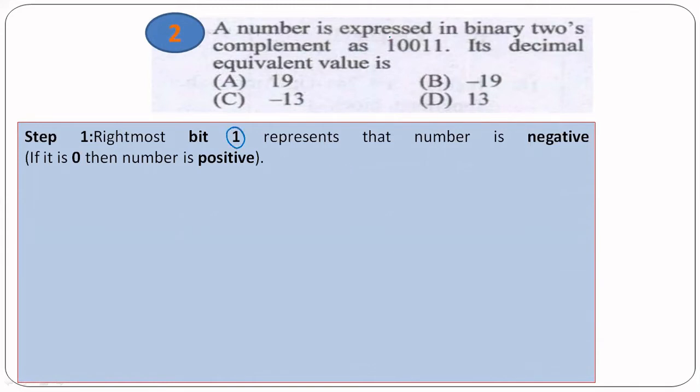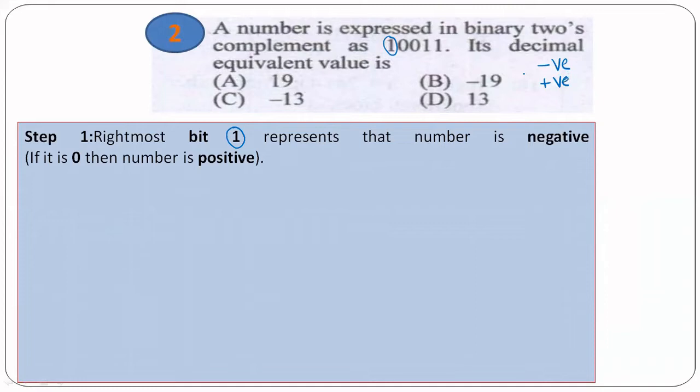As we can see here, this is 1, so whatever answer we get must be a negative number. If it is 0, the number is positive.